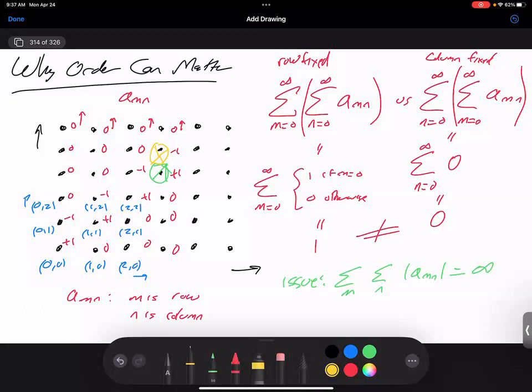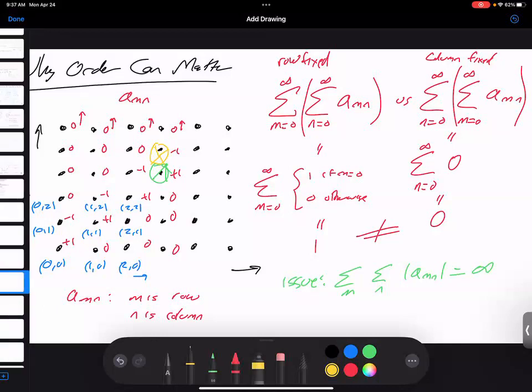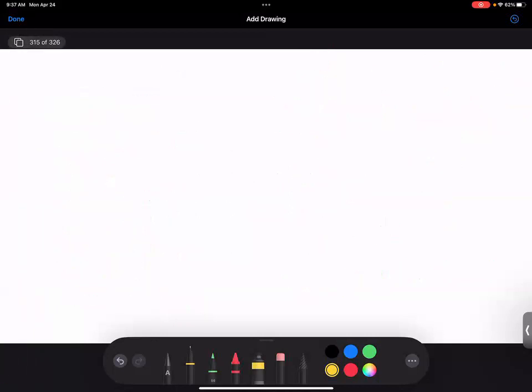Whenever I have an infinity, I have to think about the best way to handle things. So this is to show you that you have to be careful. And so the big theorem is the Fubini theorem. And Fubini says the following.